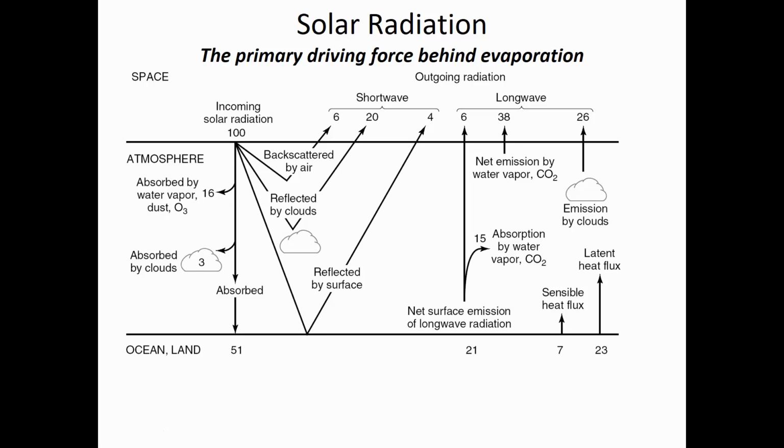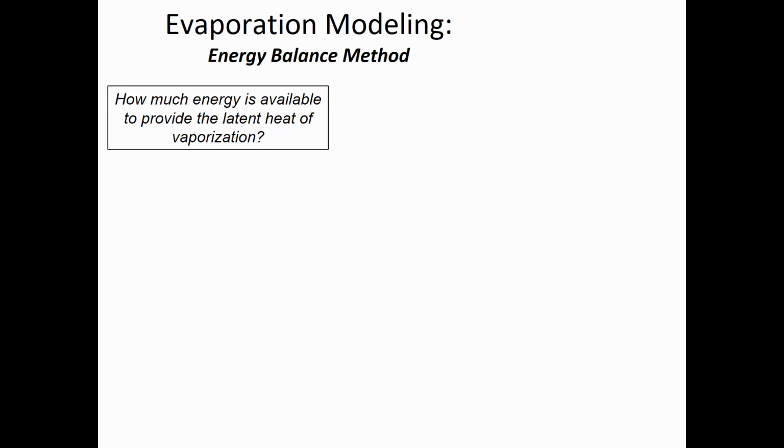All right, we've already seen a similar figure, not the same one. The technique we're going to use today for estimating the rate of evaporation has two parts. There are two driving factors and two limiting factors, depending on the way you look at it, in how quickly water evaporates.